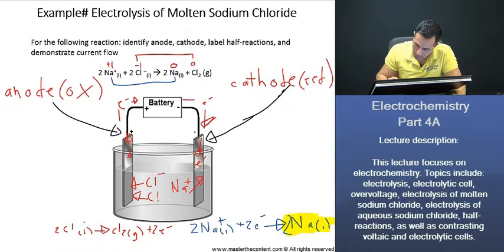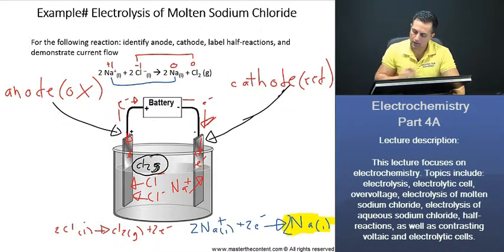And once the electrons are removed, we're going to end up having chlorine gas, right? The bubbles of chlorine gas are going to be produced at the anode. And that's exactly what we'd expect, because the oxidation of the chlorine ion produces chlorine gas as such.